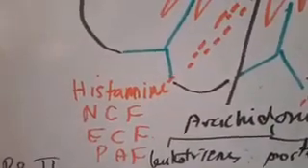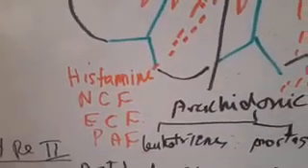They are histamine, neutrophil chemoattractant factor, eosinophil chemoattractant factor, platelet activating factor. And as you know, histamine increases capillary permeability and induces vasodilatation, and neutrophil chemoattractant factor will attract neutrophils. Eosinophil chemoattractant factor will attract eosinophils.